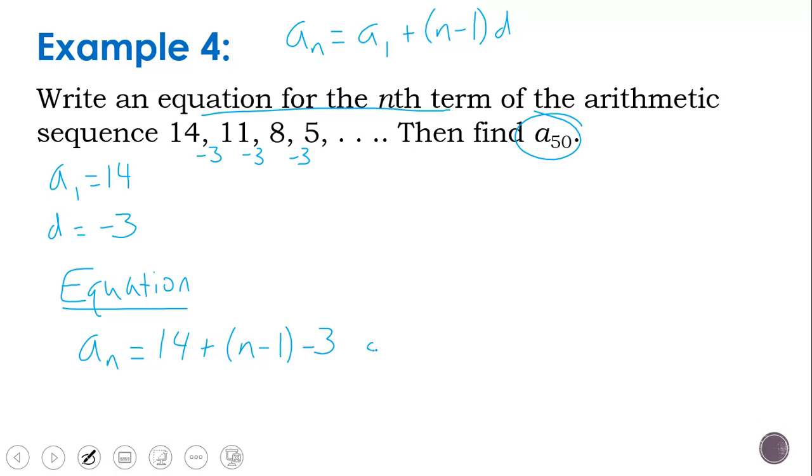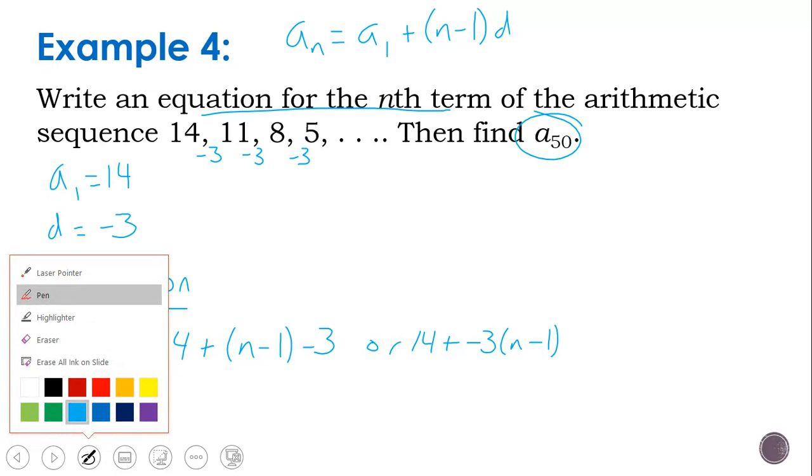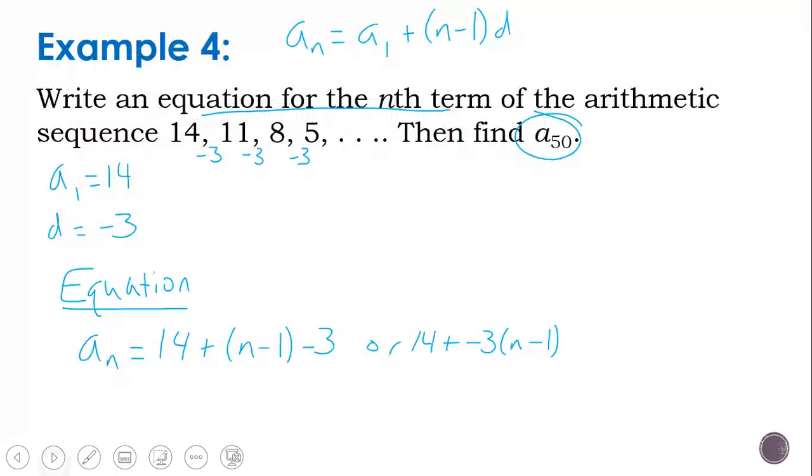Or if you want to write it, 14 plus negative 3 times n minus 1. Now, the reason the book doesn't show it that way is because people get in the habit of combining these two values, which you should not be doing. This is order of operations, we need to distribute.